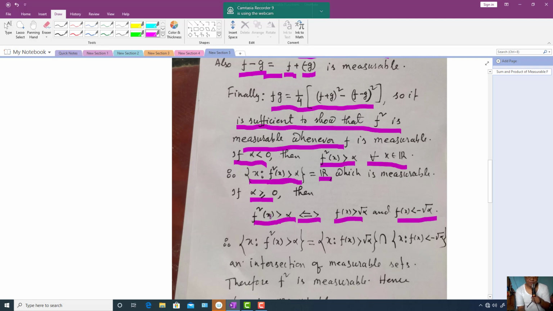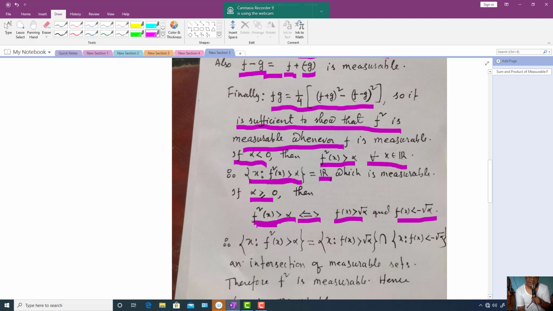So if this is true, then this is true, or this is true. That means a point is there such that f of x is strictly greater than root alpha, or at the same time f of x is strictly less than minus root alpha. You are going to get this one.